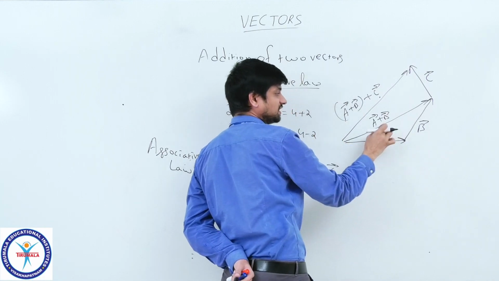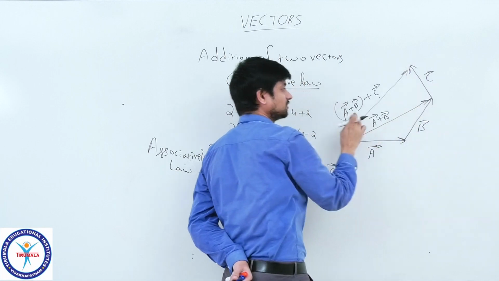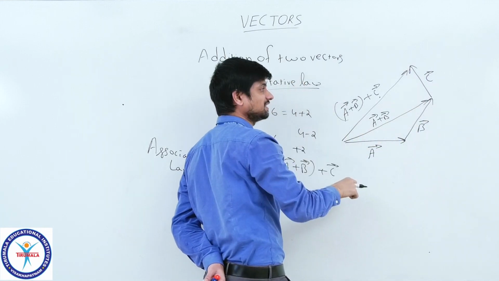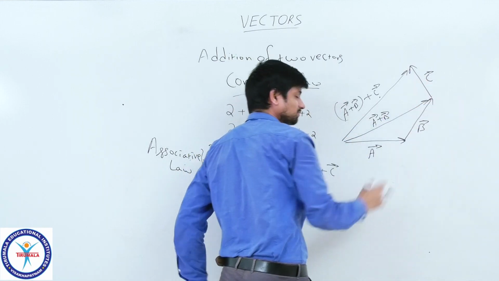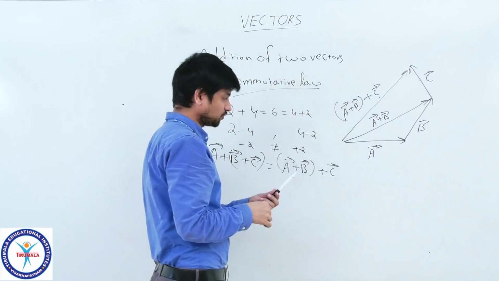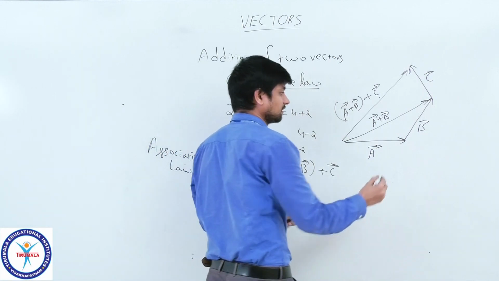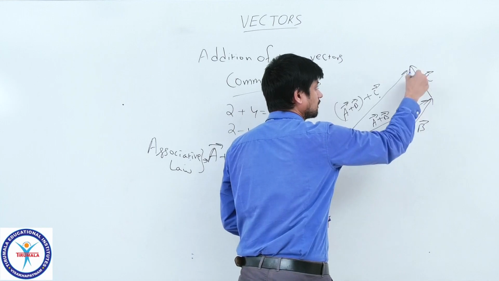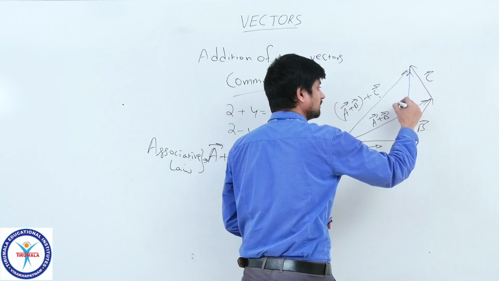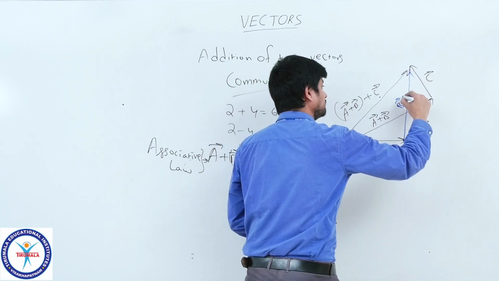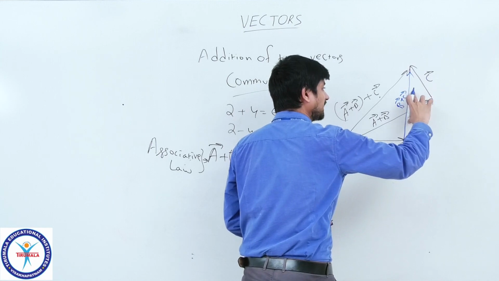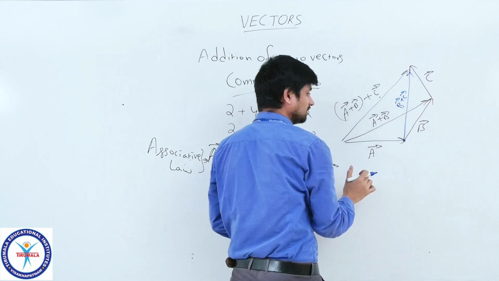These two vectors give you this resultant. Now, the case is first add these two. Which one? B plus C. Okay. Yes. What is this one? B plus C. Now, this vector and this vector.